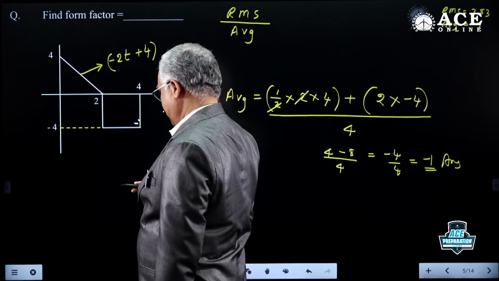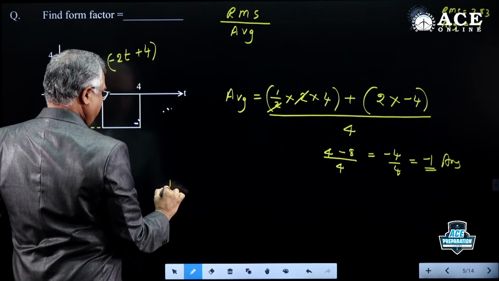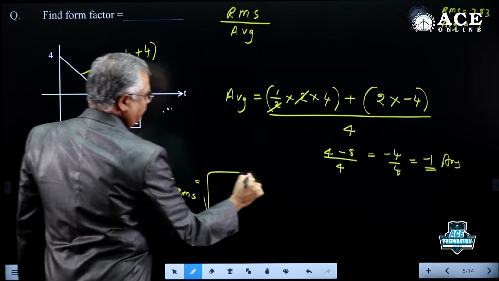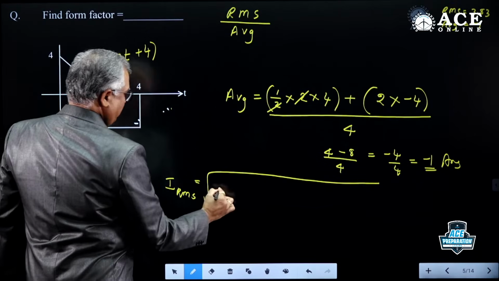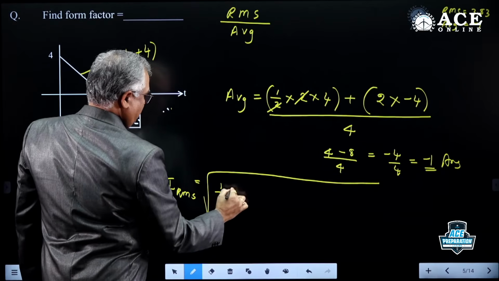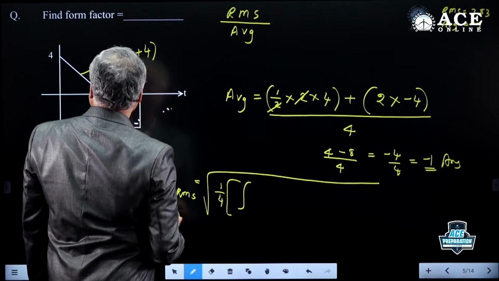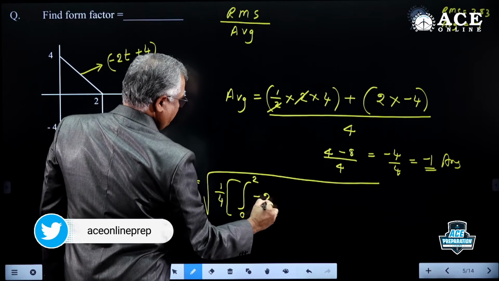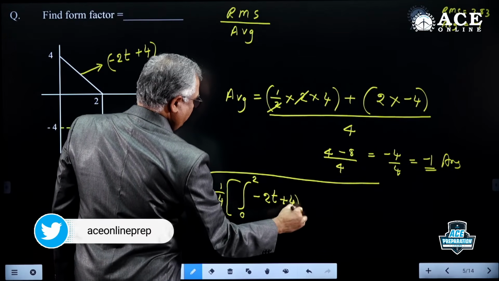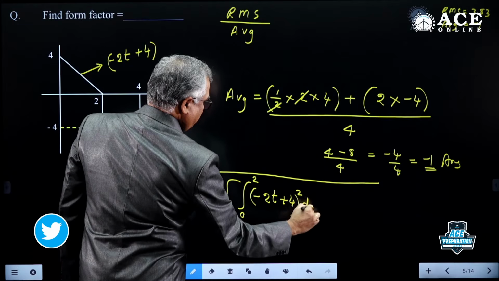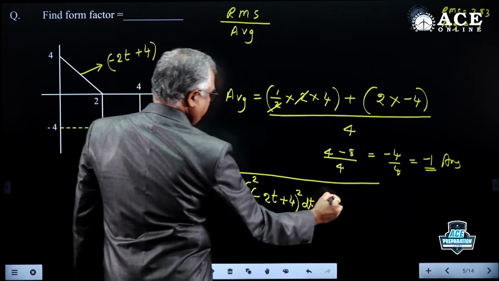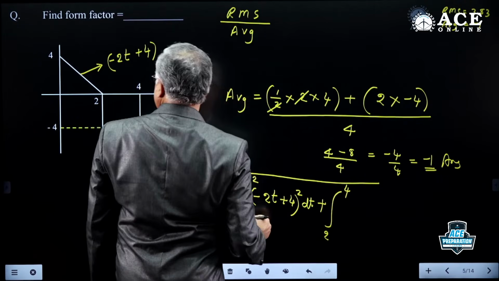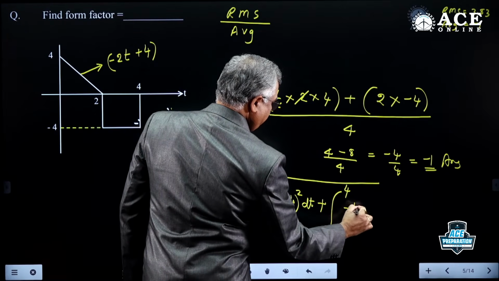This is a shortcut technique for how fast you can find the straight line equation. Without this equation you can't find RMS. So the RMS formula is square root of 1 by 4, integral 0 to 2 of (minus 2t plus 4) square dt, plus integral 2 to 4 of minus 4 square.